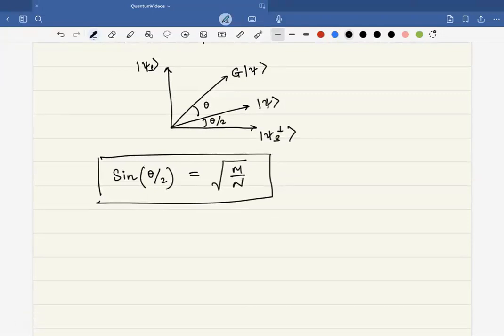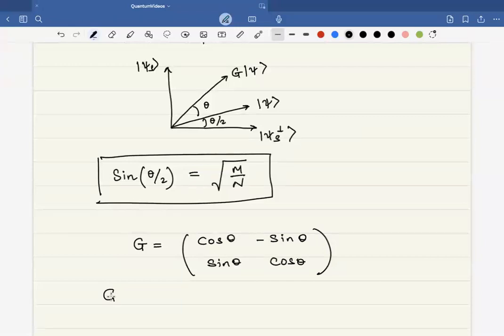Now we also know that we have eigenvectors and eigenvalues of the Grover operator when it is restricted to the two-dimensional space. So the Grover operator restricted to the two-dimensional space looks like this. So this is minus sine theta, and cos theta. And this is a rotation operator.